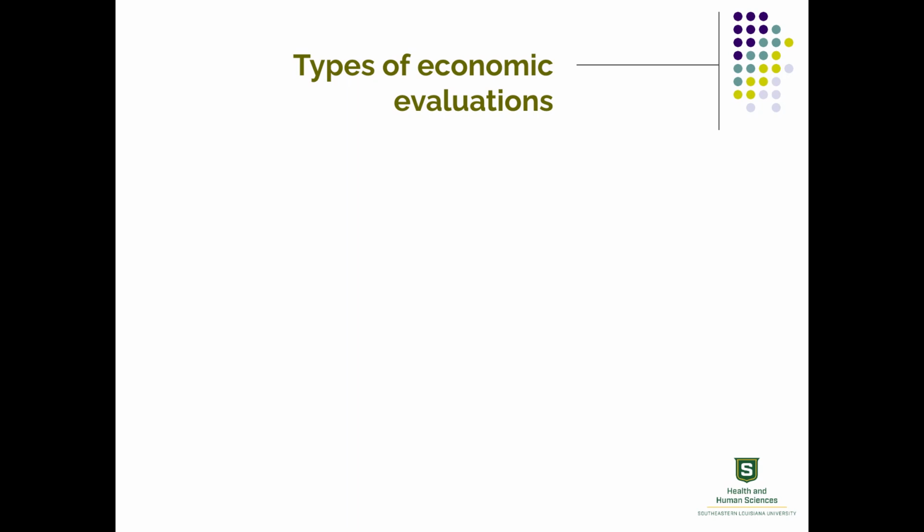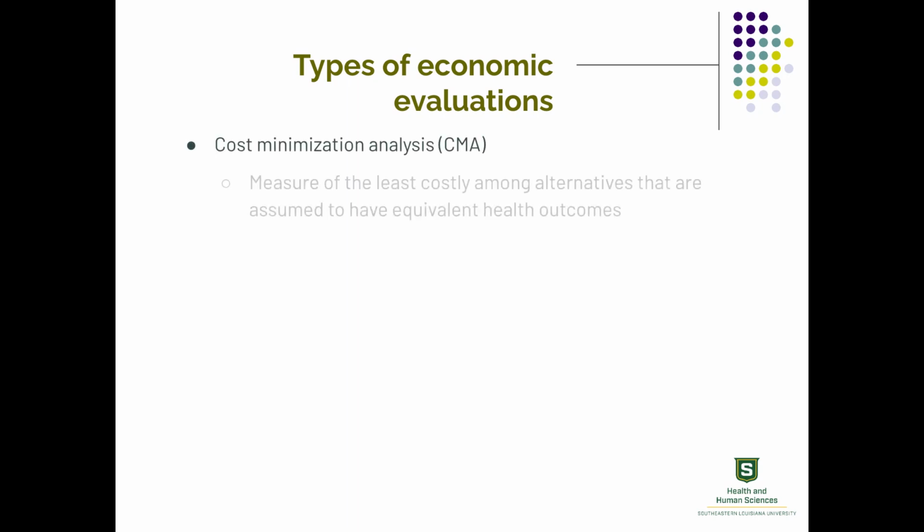Starting with the cost minimization analysis. It measures the least costly among the alternatives, and in order to do this, it assumes that the benefits are the same. We have 5 options, and the benefits from these 5 options are the same or close enough that we can just focus on looking at the cost.